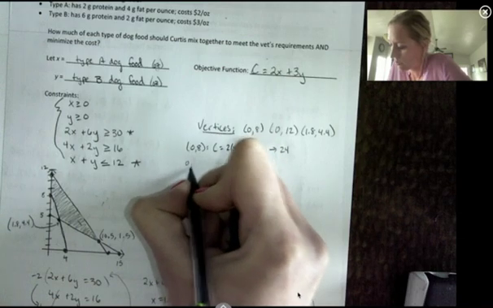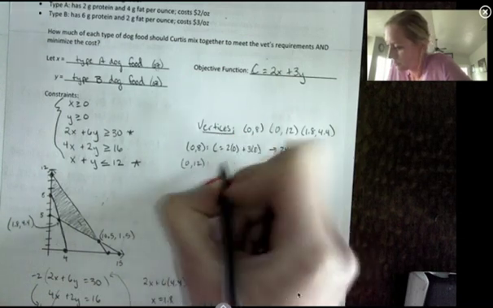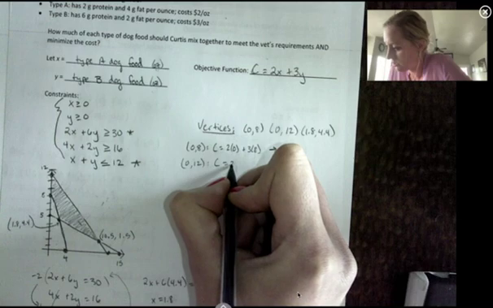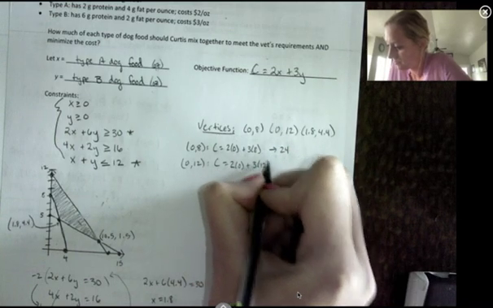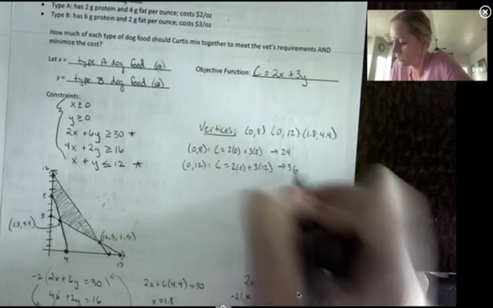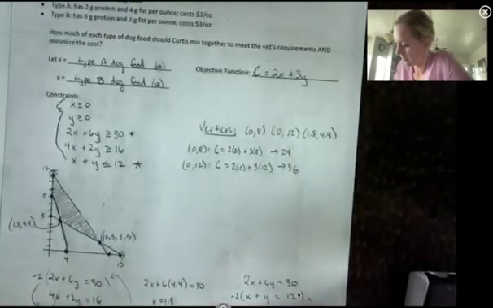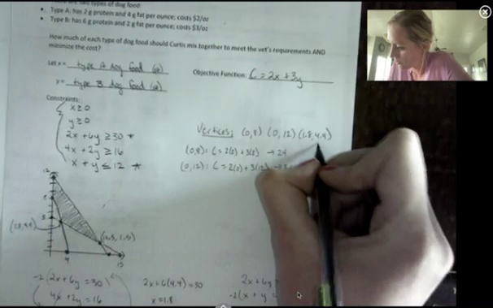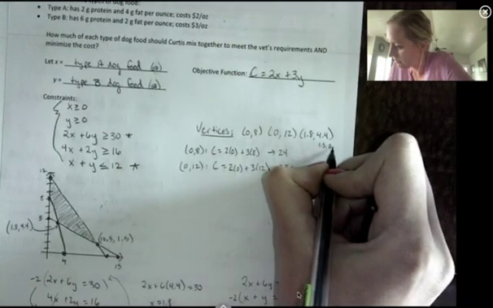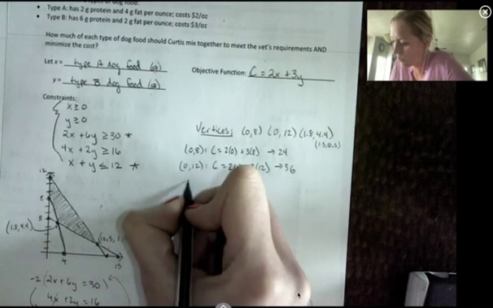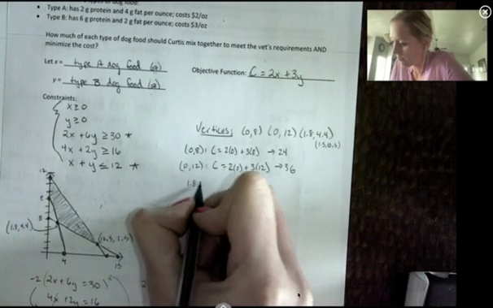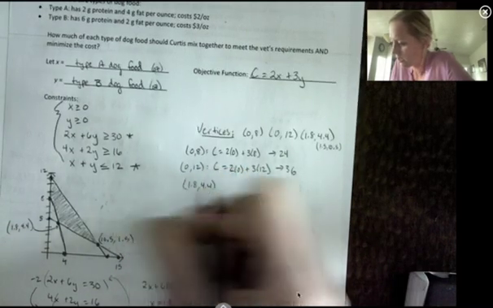Test 0, 12: $36. Oh, I forgot my other vertices. Sorry, guys. I'll list that up here. 1.5, 10.5. There we go.